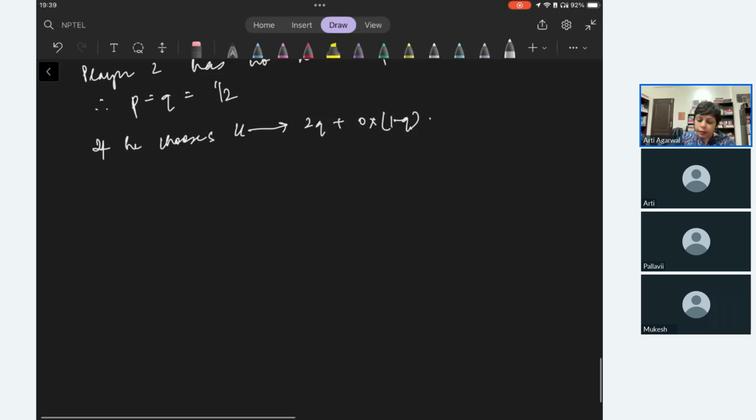And for strategy D, I don't want to keep scrolling. So maybe I'm doing this a bit late, but let me upload the slides in the folder itself so you can look at it while I'm explaining. I think it's a bit annoying to keep scrolling back and forth. So give me one moment.